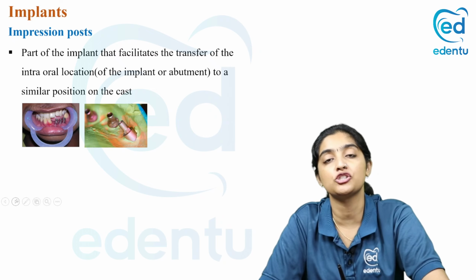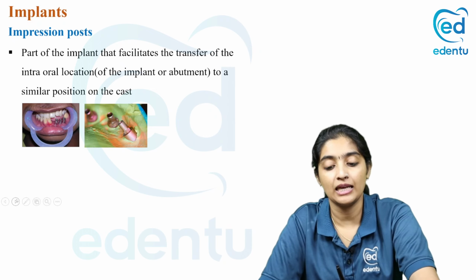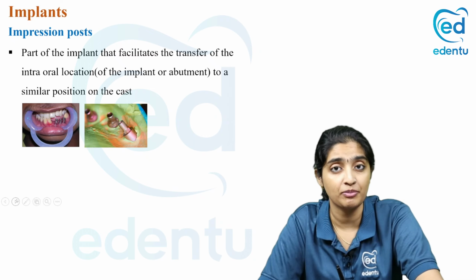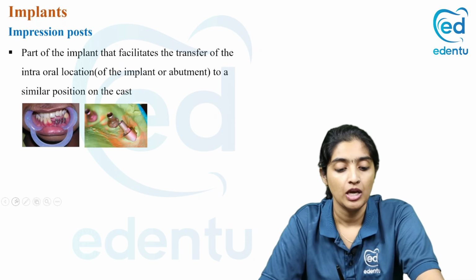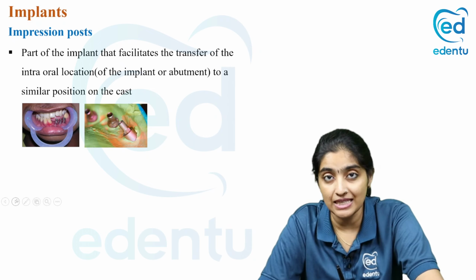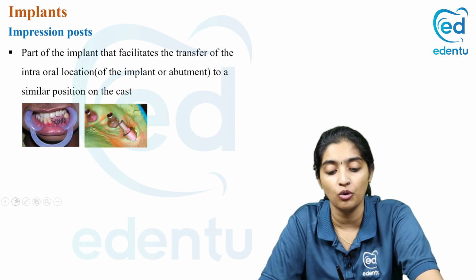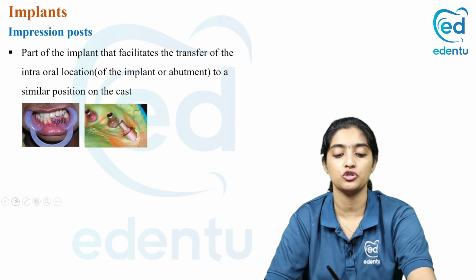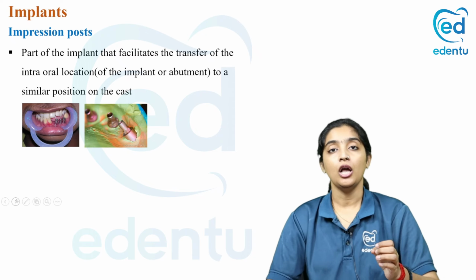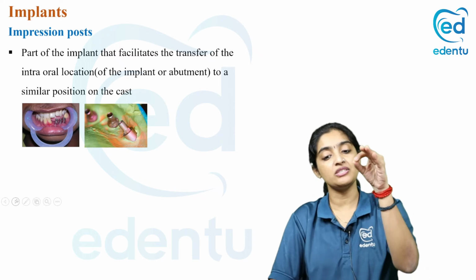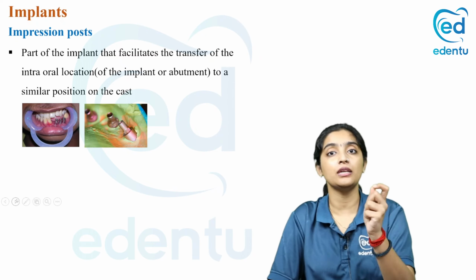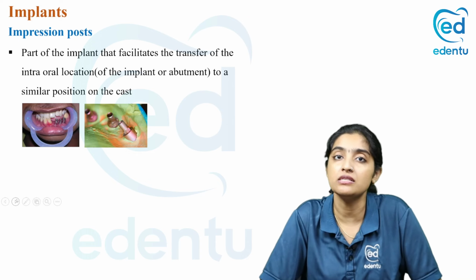Coming to the impression post. Like I mentioned earlier, you have two types of impression post, closed tray and open tray. It is a part of the implant that facilitates the transfer of the intraoral location to a similar position of the cast. Simple. You have an implant which is inside the bone. How will you make an impression? How do you know where the implant is?